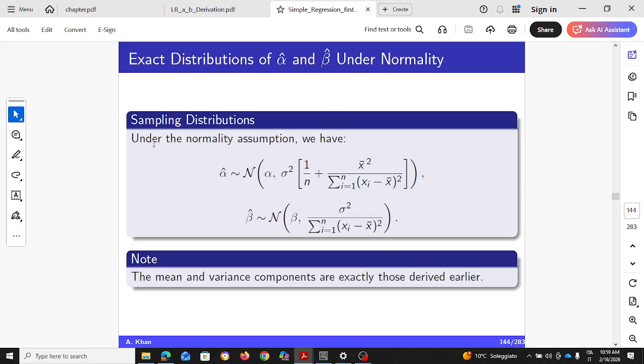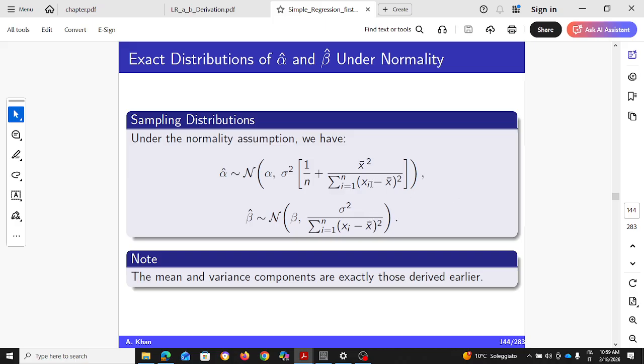If we take the normality condition into our assumption, then the estimate of alpha under normality is equal to this term, and for beta it goes this way. We have derived how to calculate the intercept and the beta before, and these are the variance terms, which we saw before.